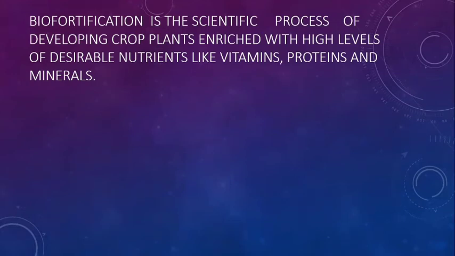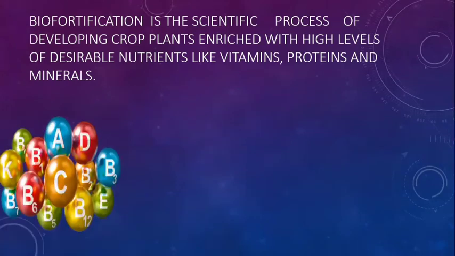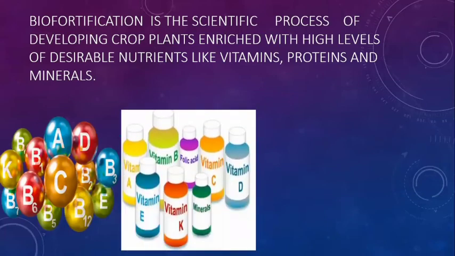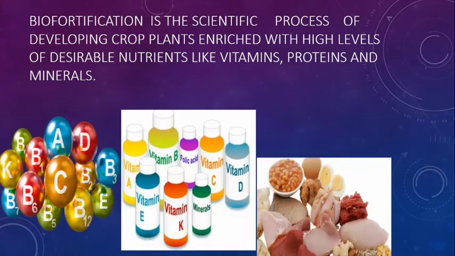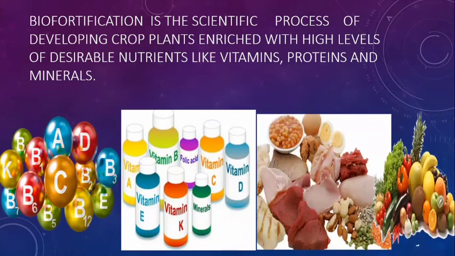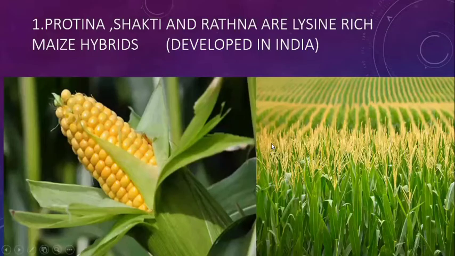What are the new varieties? First one, Protina, Shakti, and Rathna are lysine-rich maize hybrids in India. They develop vitamin, mineral, and protein enriched crops.